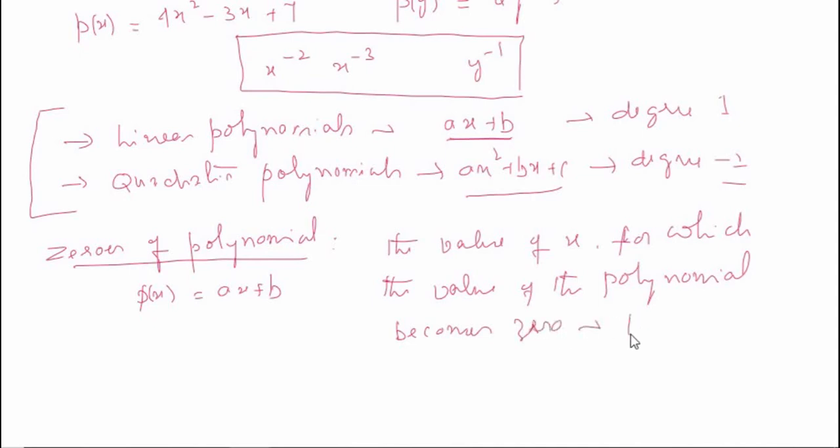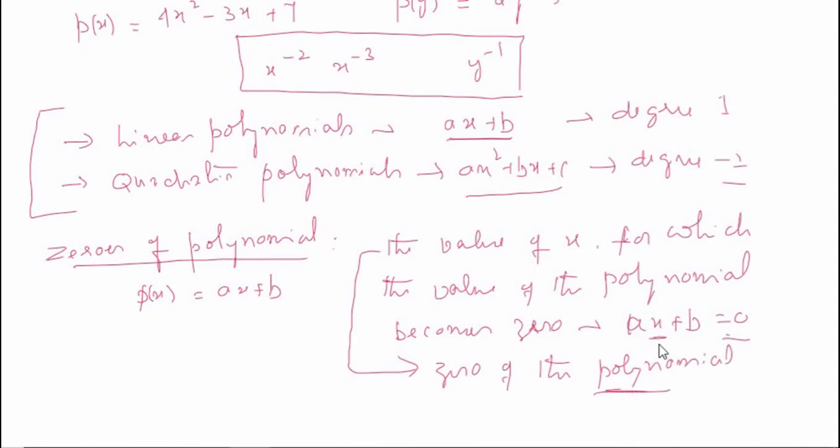That is, your ax plus b becomes 0 for some value of x. That value of x is known as the zero of the polynomial. The value of x for which the value of the polynomial becomes 0 is the zero of the polynomial.